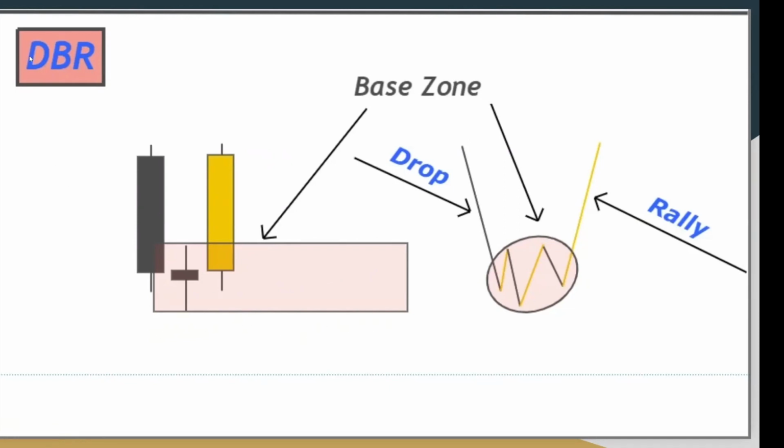So this is what a drop base rally is. If you look back on your charts for these specific structures, you'll find them very, very often. They happen pretty much every single day because this is how the market actually moves. So this is a drop base rally. This is a bullish structure, so a bullish zone.